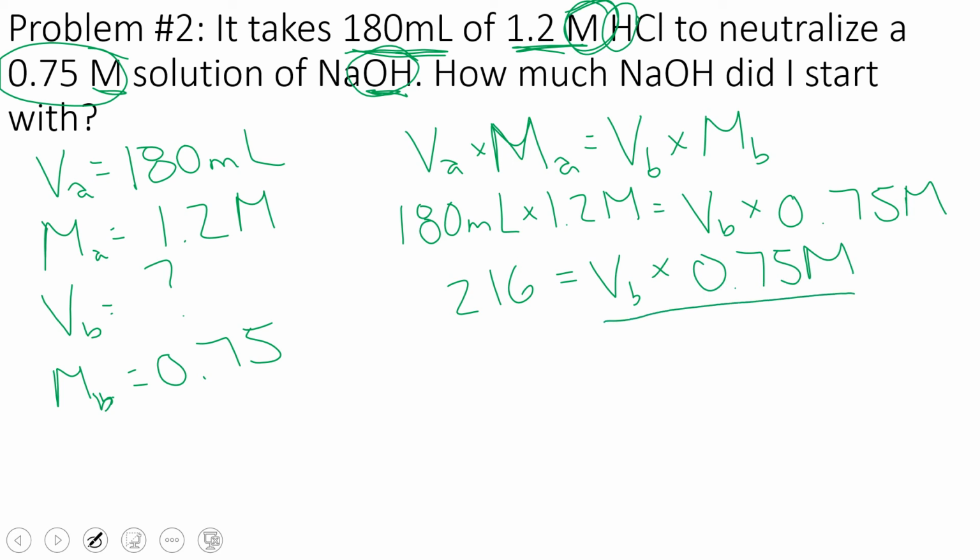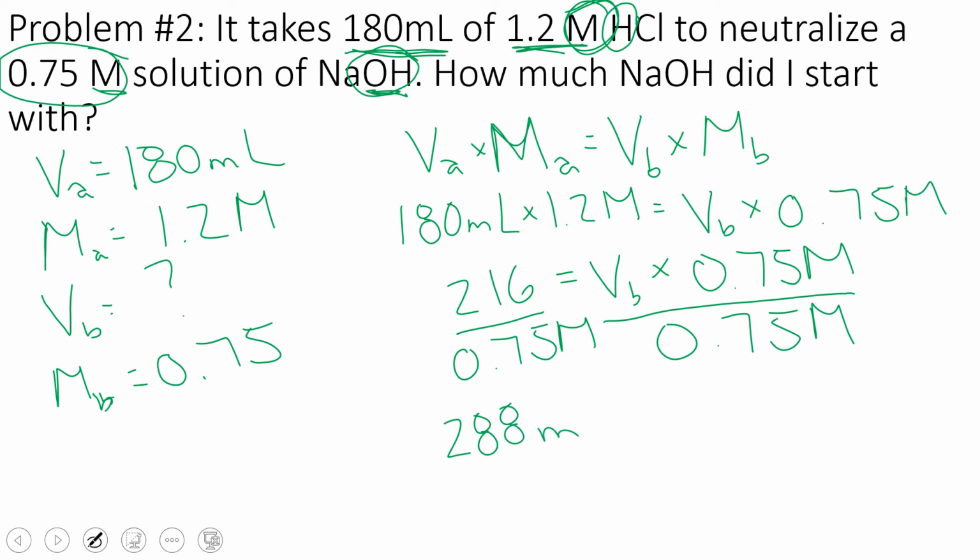We want to get that VB all by itself, so we divide by 0.75 molar on each side, and once we do that, we get 288 milliliters is equal to the volume of the base.